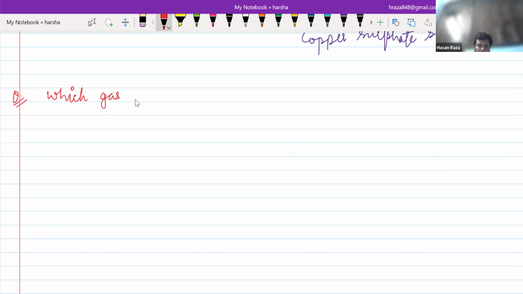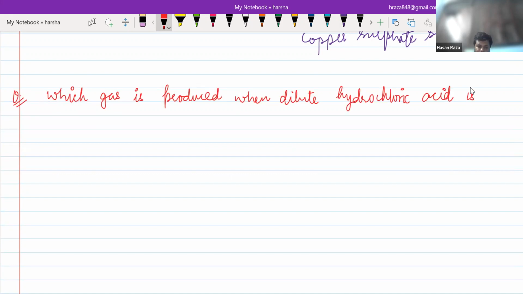Which gas is produced when dilute hydrochloric acid is added to a reactive metal?